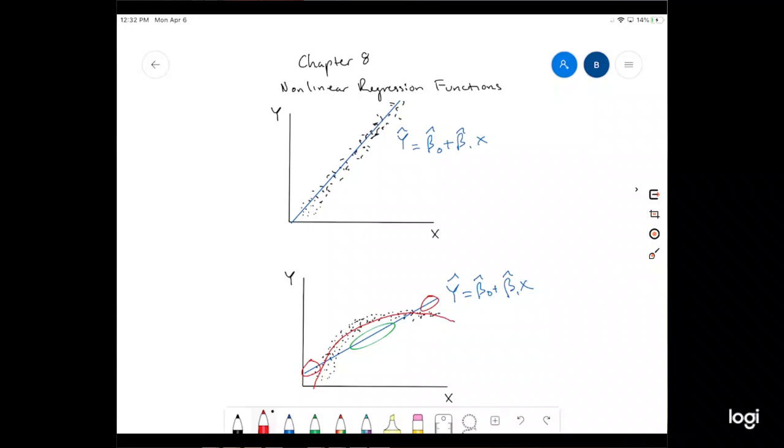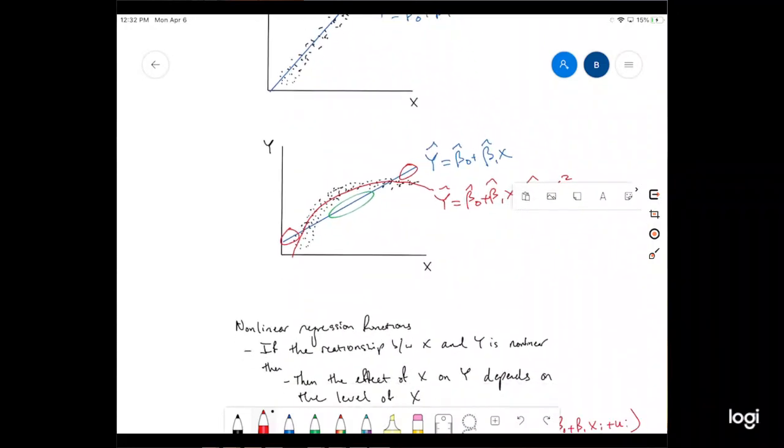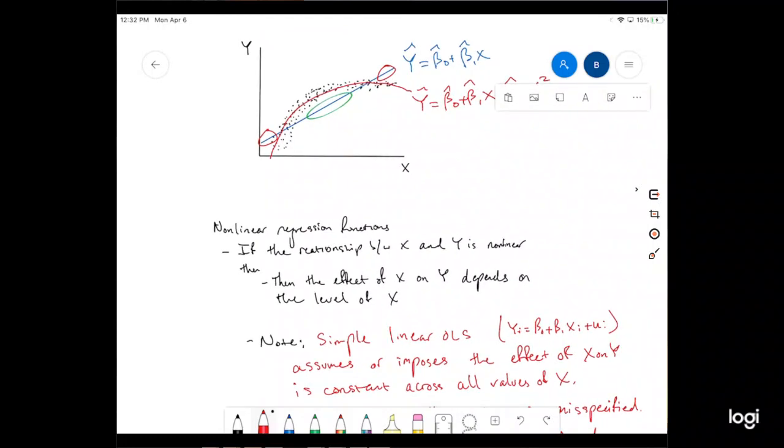So this might be y hat equals beta hat 0 plus beta hat 1 x plus beta hat 2 x squared. So now we're adding a quadratic term to the model. That might be a better fit. So that's what this chapter is about, nonlinear regression functions.